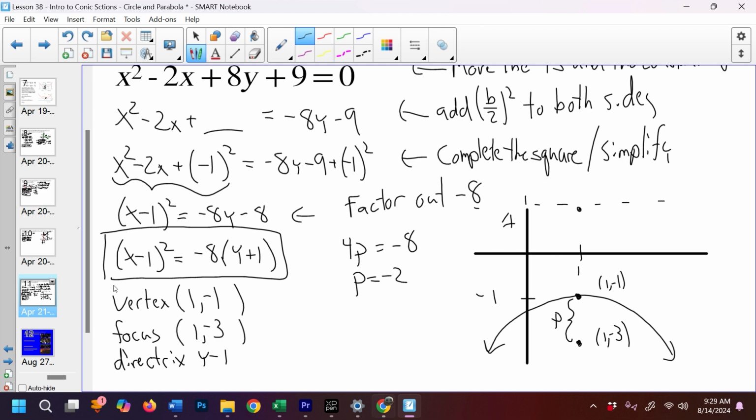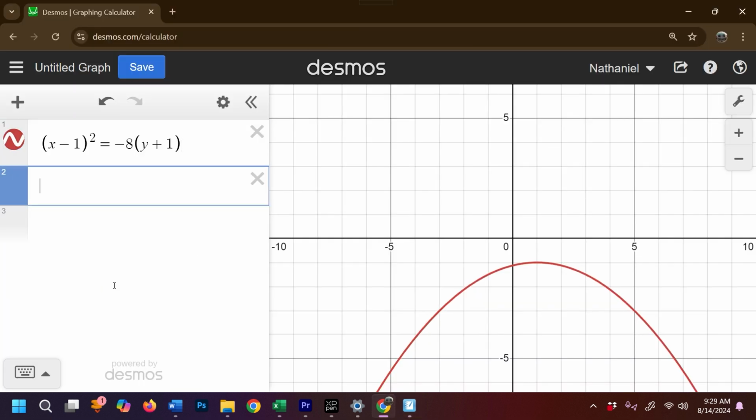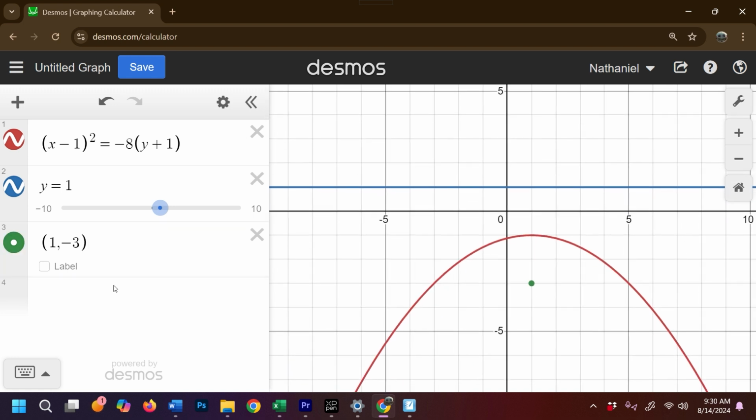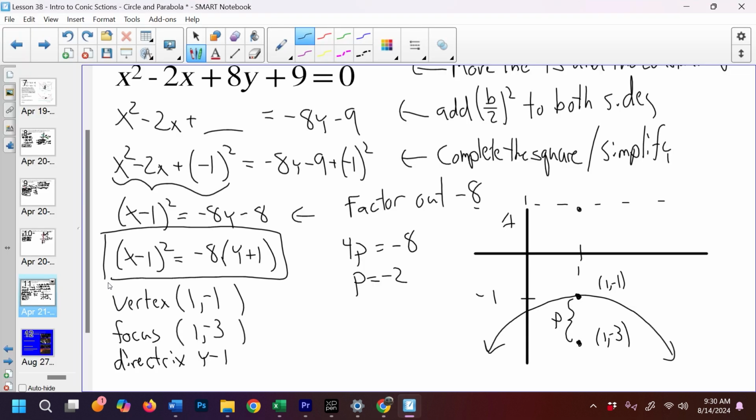And if we go to Desmos and I type in y equals 1 and I type in 1, negative 3, it looks like I have the focus in the correct place and I have the directrix in the correct place. So I'm pretty happy with that. Well, folks, after I put a box around this, that is all I have for today.